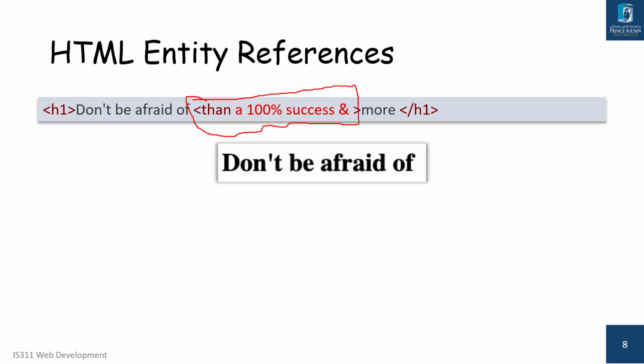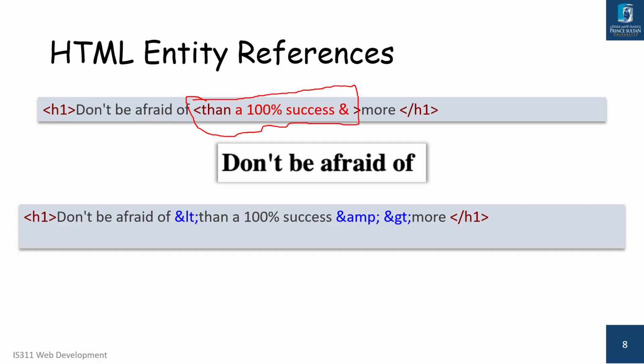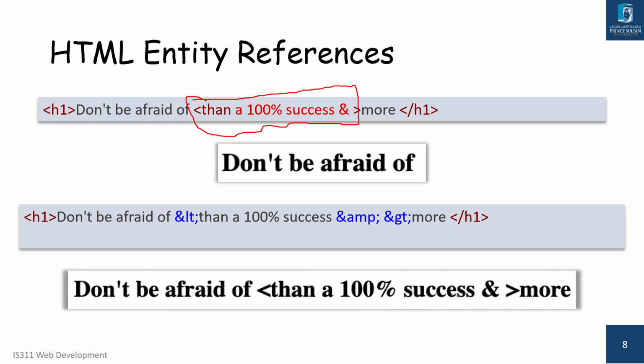But if we want to display them properly, then we need to use those entity references, and it will display the title as we want it on the page. So I mean, it is out of the tag, but the system does not understand it.